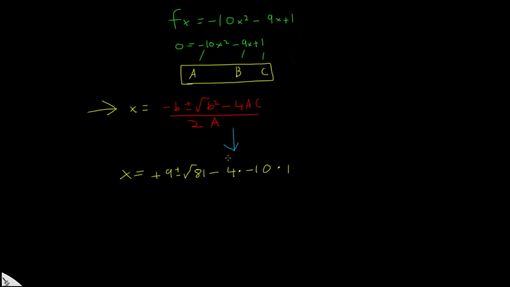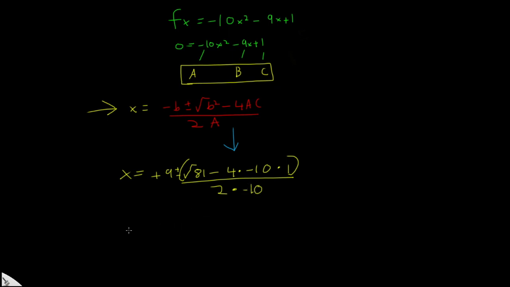And it's also important to add the brackets in this equation. So here will be the brackets, and then divide this by 2a, so 2 times a, which is negative 10.